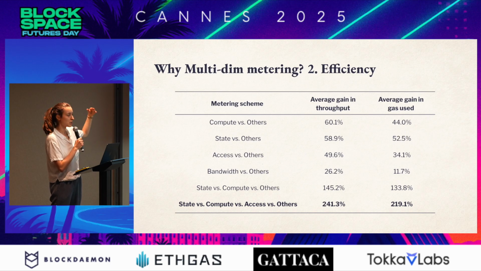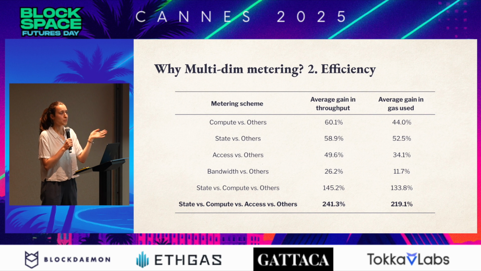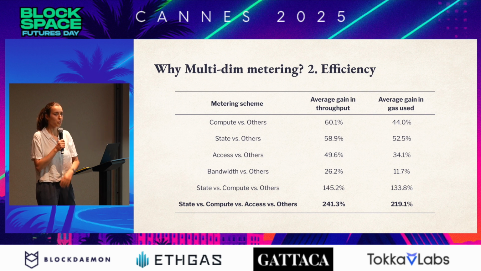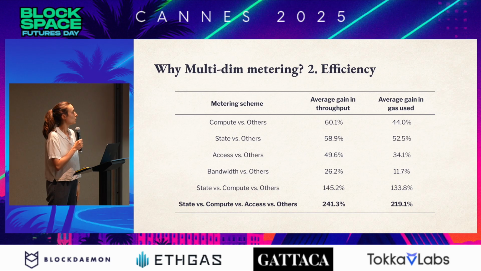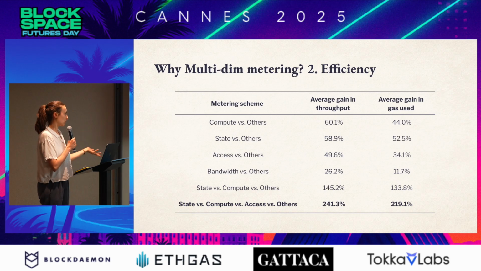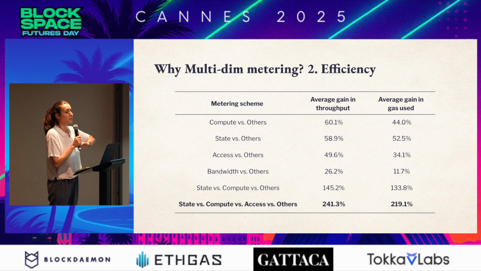Okay, so for instance, the first is just you isolate compute, and then you sum all the resources in its own bucket. And for the last one, which is the four-dimensional one, we can get an increase in transaction throughput of around 240%. So this is based, again, on historical usage patterns.